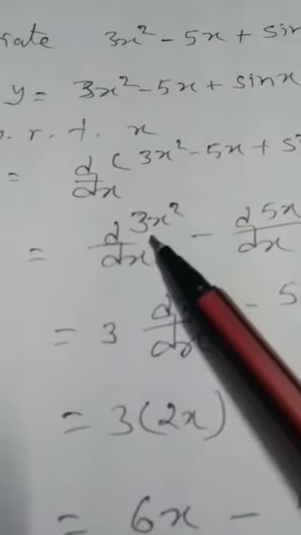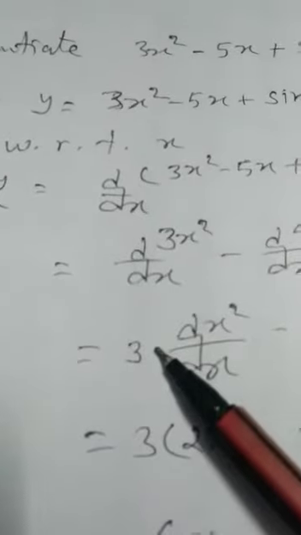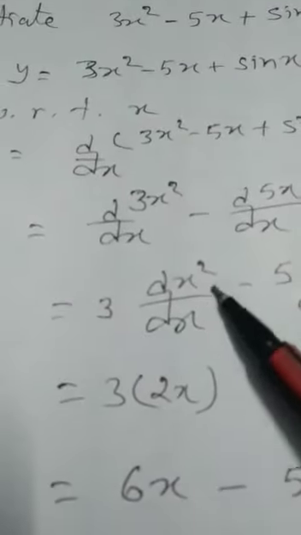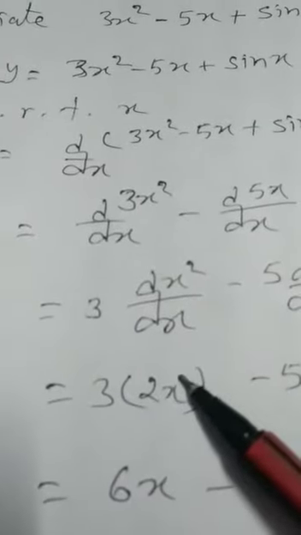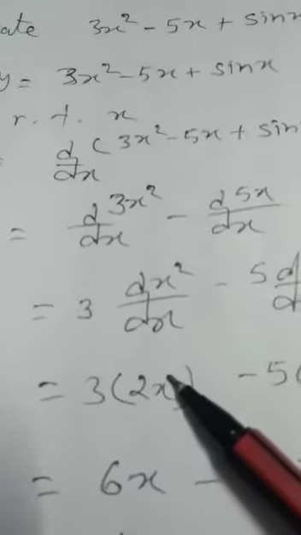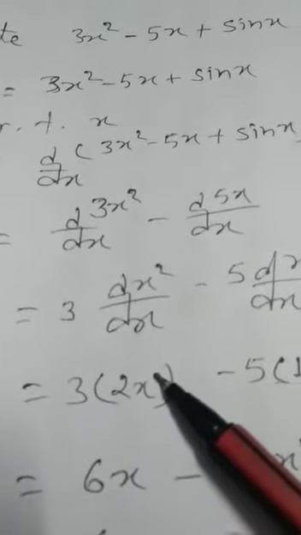Now there is a constant multiplier in the first term, so it will become a multiplier, and we differentiate x square with the first formula n x to the power n minus 1. 2 minus 1 is 1, so the result is 3 into 2x. The power 1 cannot be shown on any variable, that is understood.